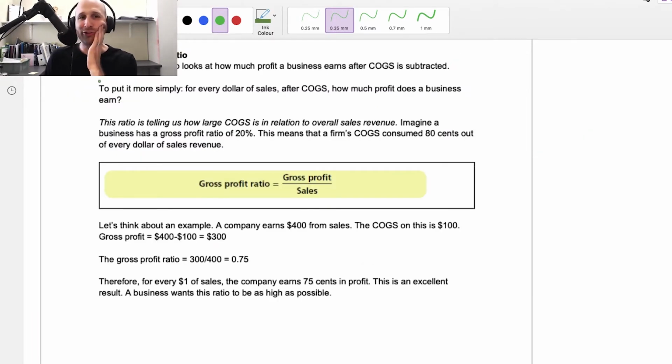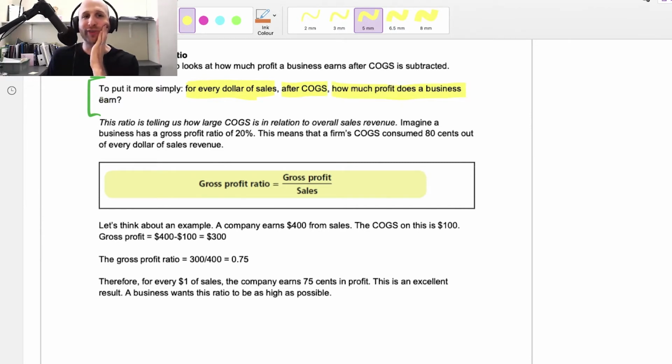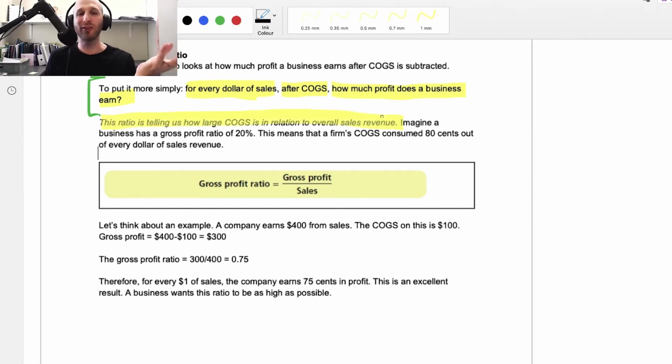If we're looking at the ratio, I think the best way to understand it is that for every dollar we sell, after COGS is taken out, how much profit does a business earn? So the ratio is really telling us how large COGS is in relation to revenue. How much are we spending on selling the goods compared to what we actually get for the goods?